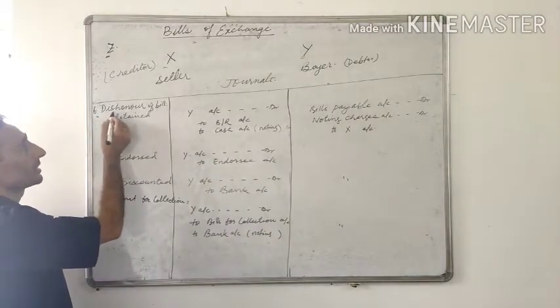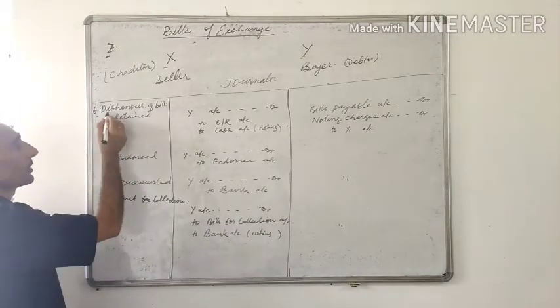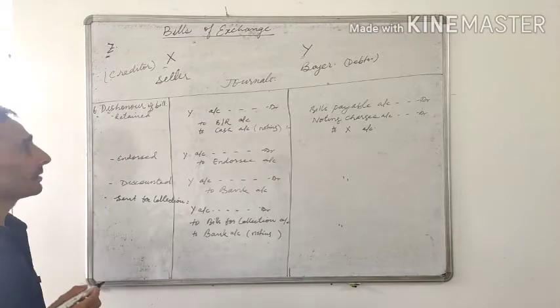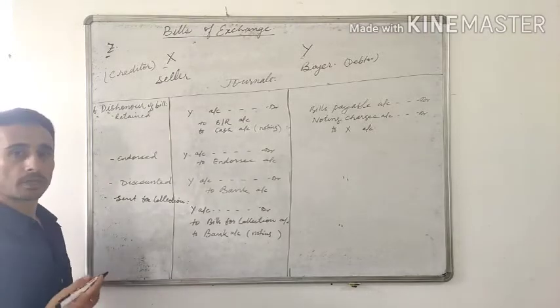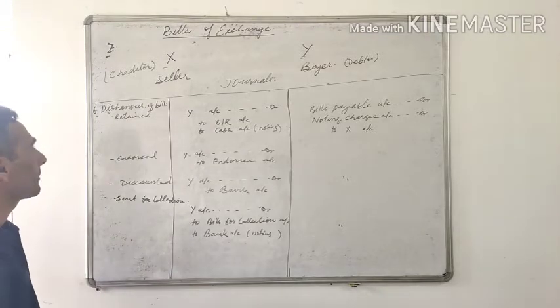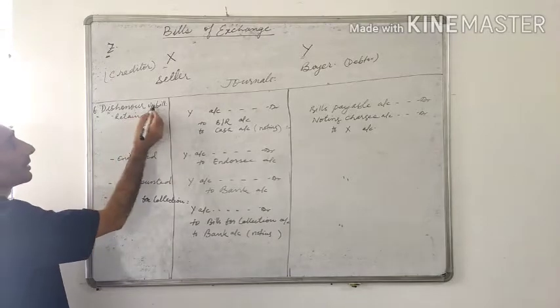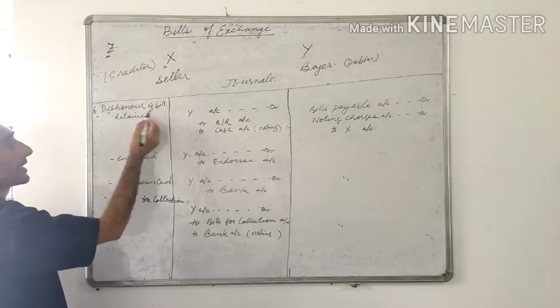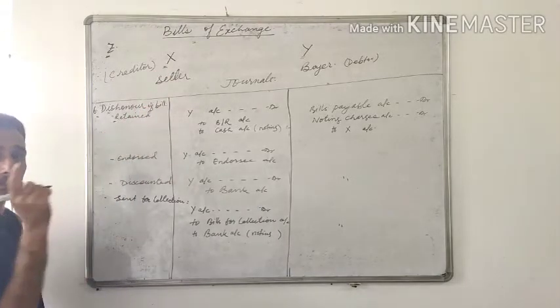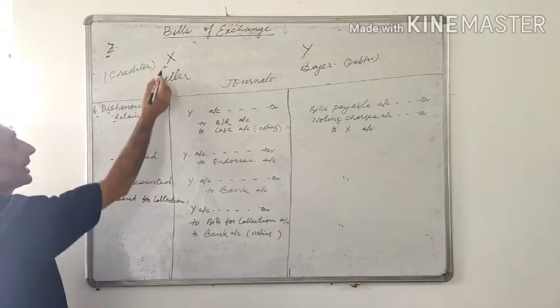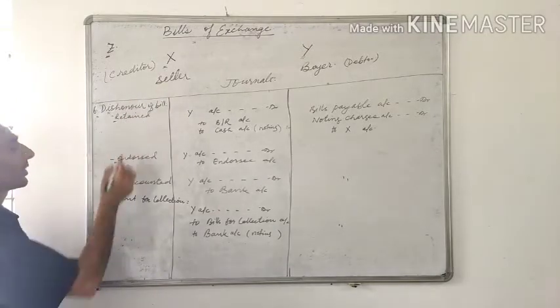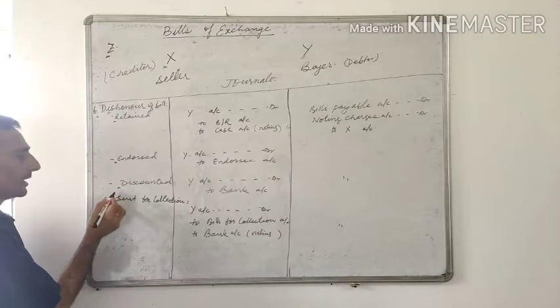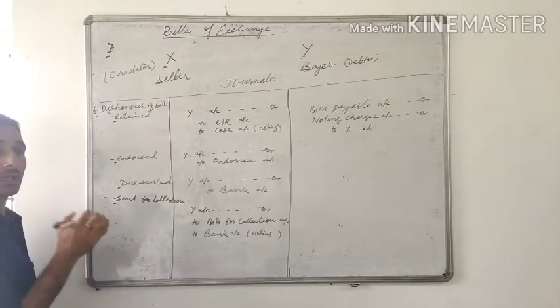So number 6, dishonor of bill. The meaning of dishonor is already explained. This is unable to make the payment or refuse to make the payment. X can keep the bill with him till the date of maturity, or X can endorse the bill, or X can discount the bill with the bank, or X can send for collection.